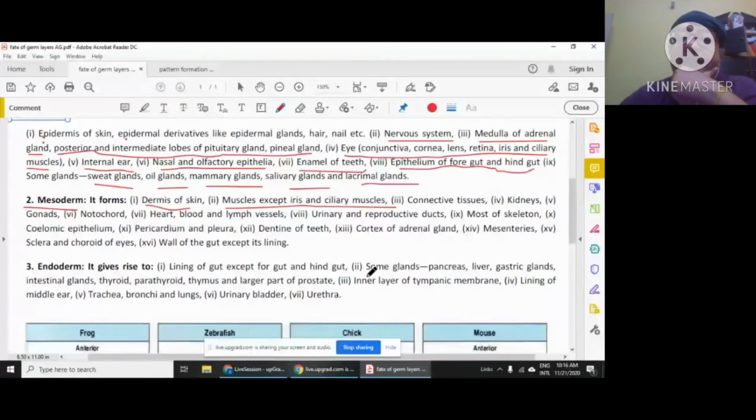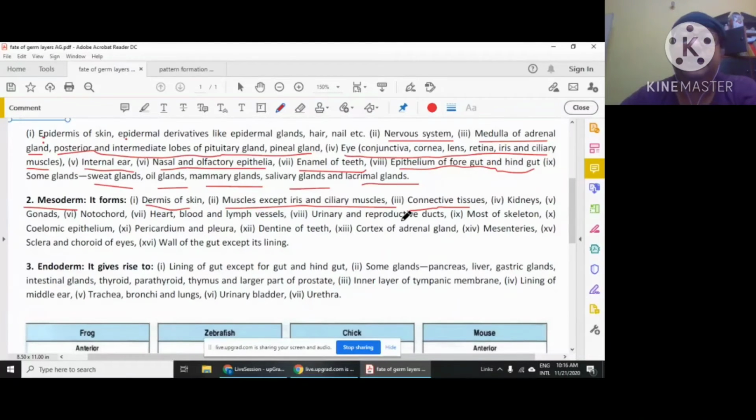Then connective tissue like blood is mesodermal. Your kidneys are mesodermal. The heart, blood, and lymph vessels are also mesodermal.